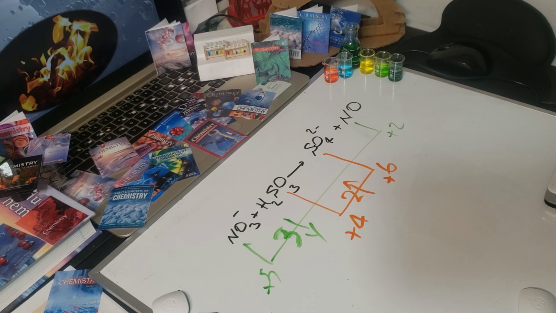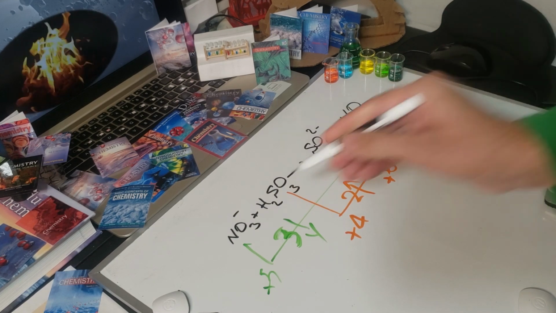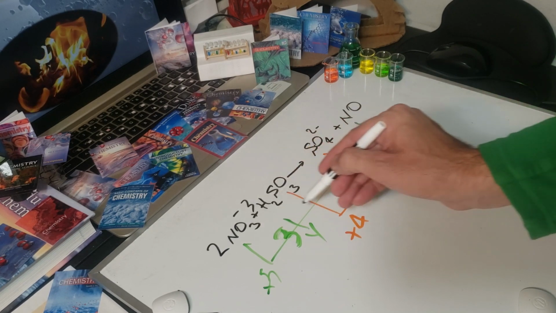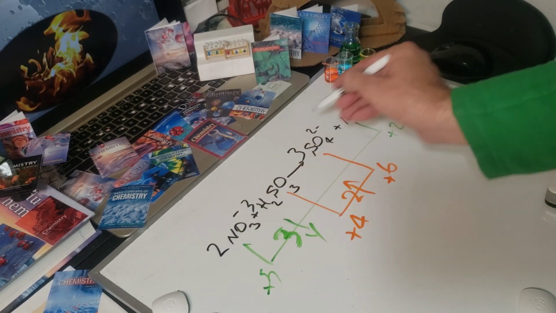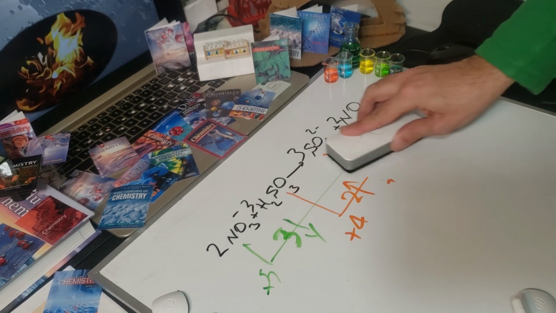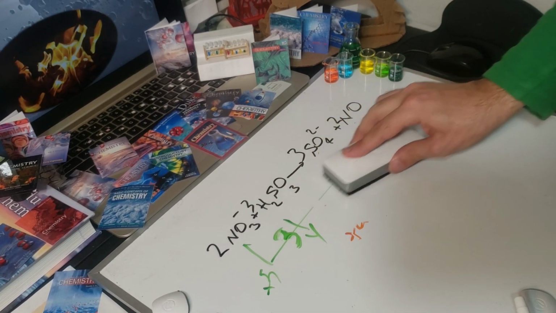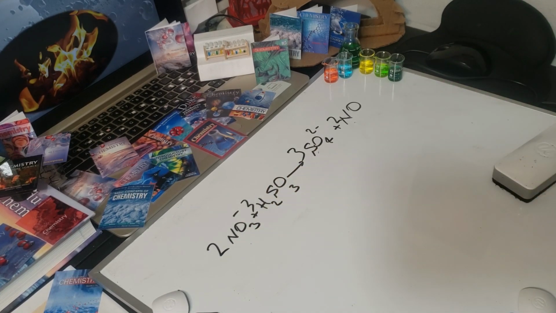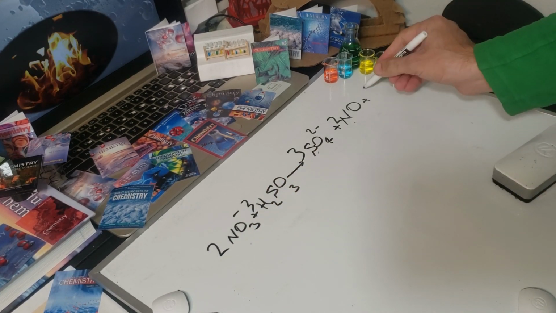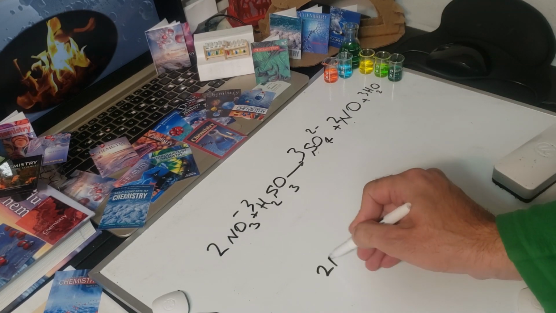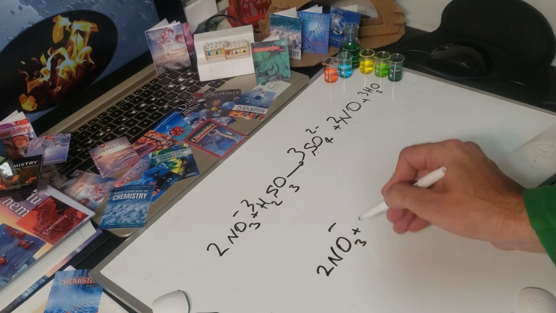Now the 2 goes for NO3, and the 3 goes for this H2SO3, so 3S, 2N, so 2N. Now I could get rid of this, and since I have 3H2 here, I have to add 3H2O. Also, let's rewrite it one more time here.